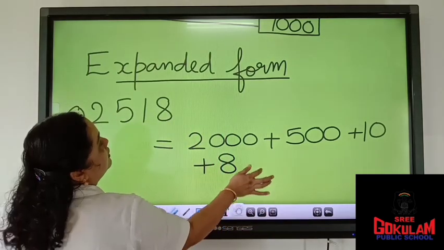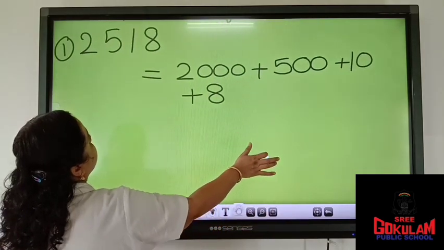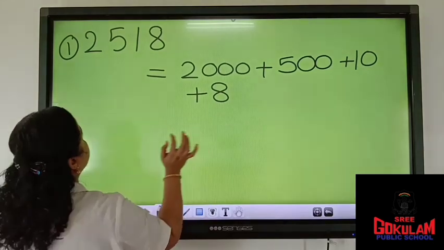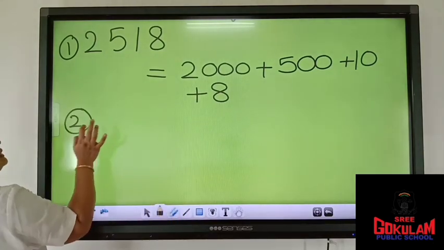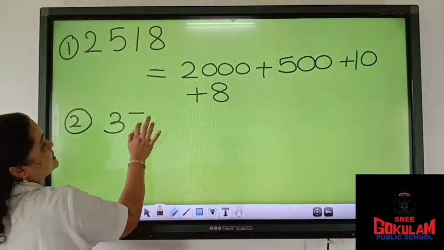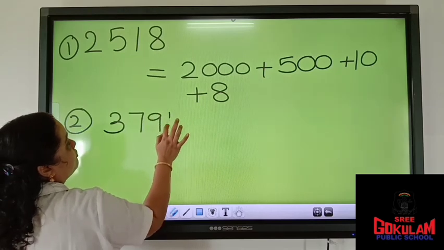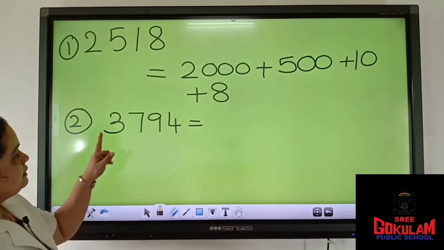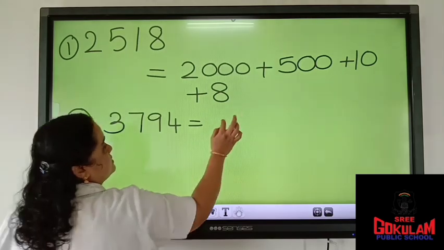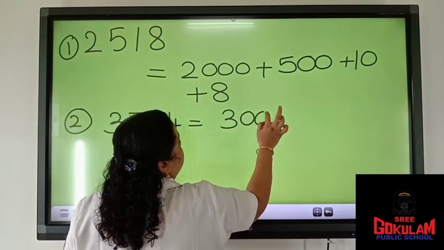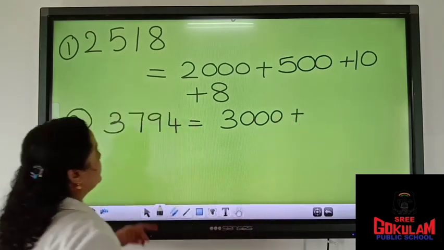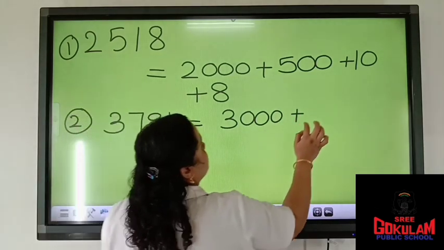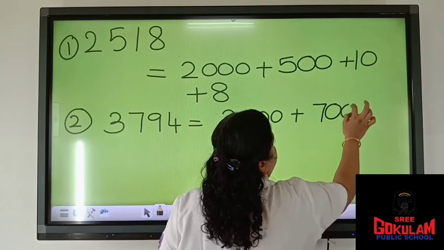Let's do another example. Yes, children. 3,794. Shall we expand this and see what will come? 3 is in its thousands place. So 3000 plus 7 is in its hundreds place.